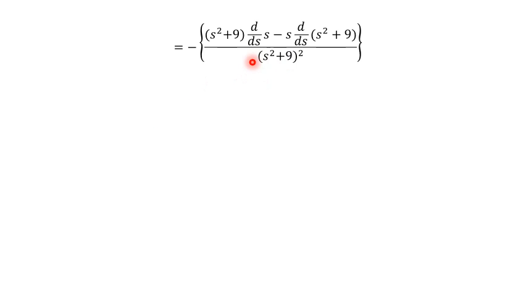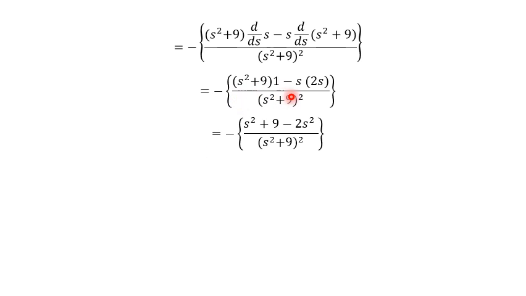In next step, we are going to take the derivative of this s and this s square plus 9 with respect to s. Okay. So next step is minus in bracket s square plus 9 into 1 because derivative of s is 1 minus s and derivative of s square is 2s and derivative of this 9 is 0. No need to write down this 0 here. And denominator is as it is s square plus 9 bracket square.